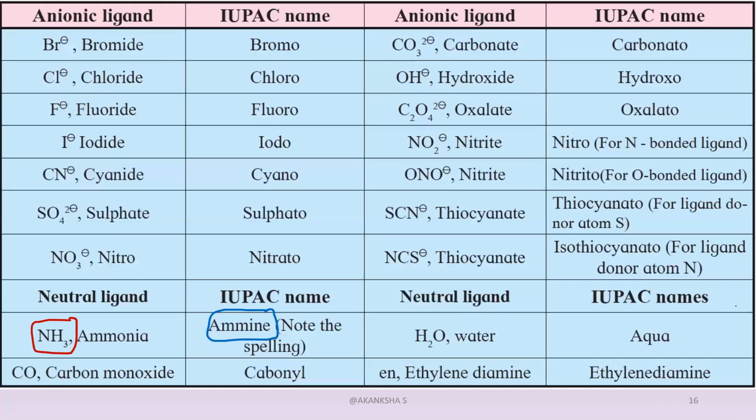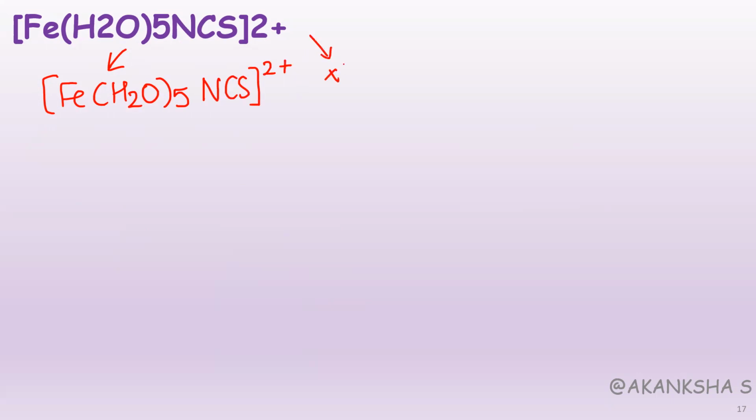Okay, let's try the next one. Now here we can find that it's split into an anion and cation. So first we'll separate them. Fe(H2O)5 NCS. Anything else? Do we have anything else to separate? No, right? So it's just a big compound, that's it.